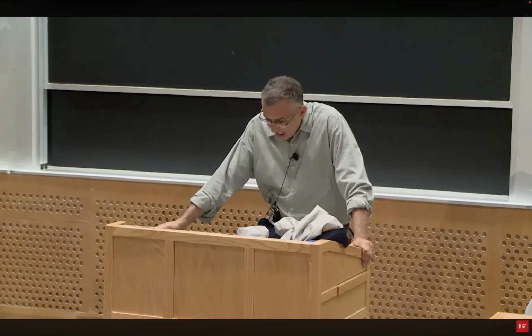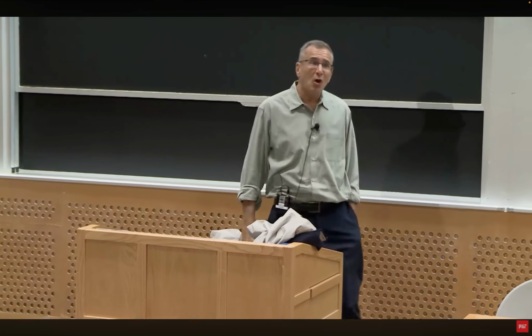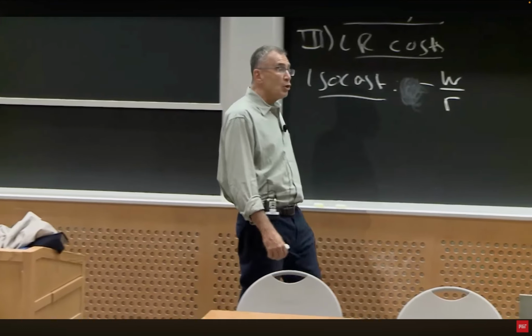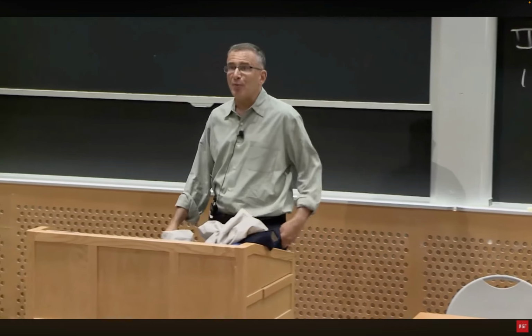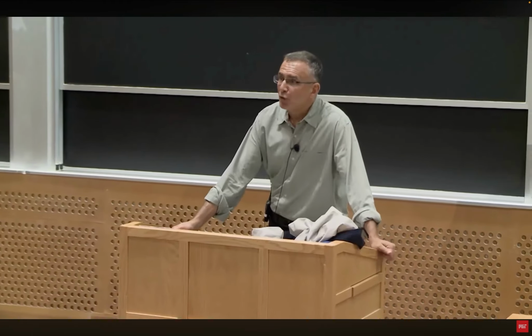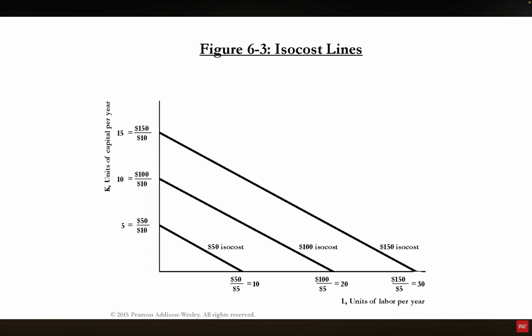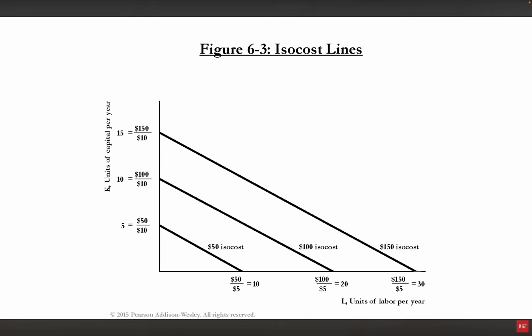So then we say the firm, to minimize costs, will use the efficient combination of labor and capital to produce any level of goods. And how do we get that? We get that by the tangency between the isoquant and the isocost. The tangency between the isoquant and the isocost gives us the efficient combination of capital and labor for any level of production, little q.